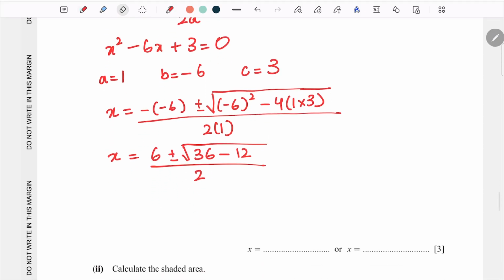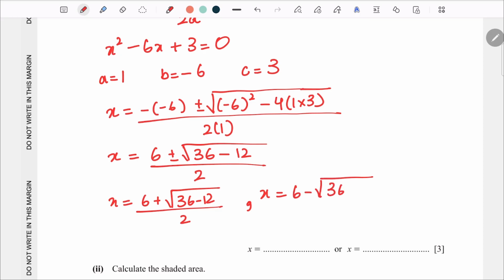Then x is equal to 6 plus the square root of 36 minus 12 divided by 2, and x is equal to 6 minus the square root of 36 minus 12 divided by 2. When we put both of these in the calculator, we'll be getting x is equal to 5.45 and x is equal to 0.55, both correct to 2 decimal places.